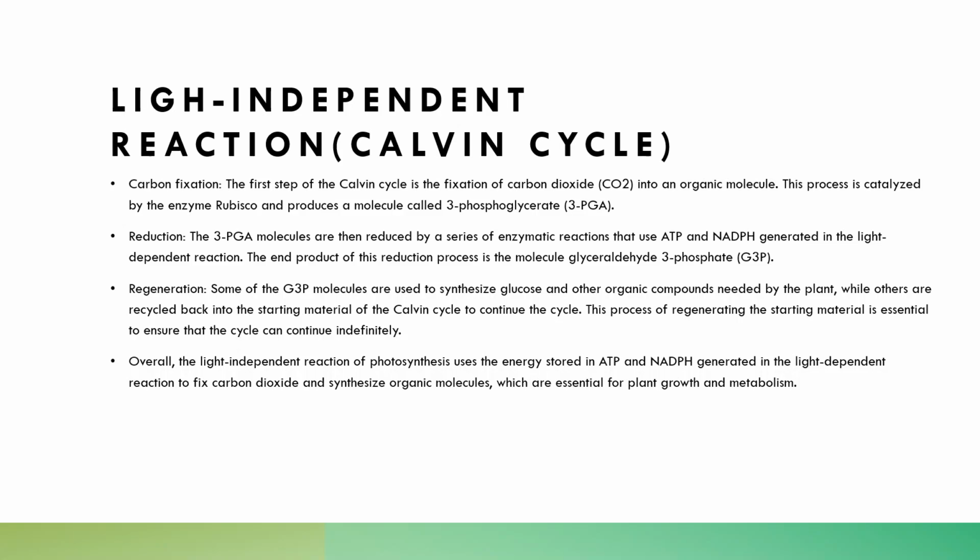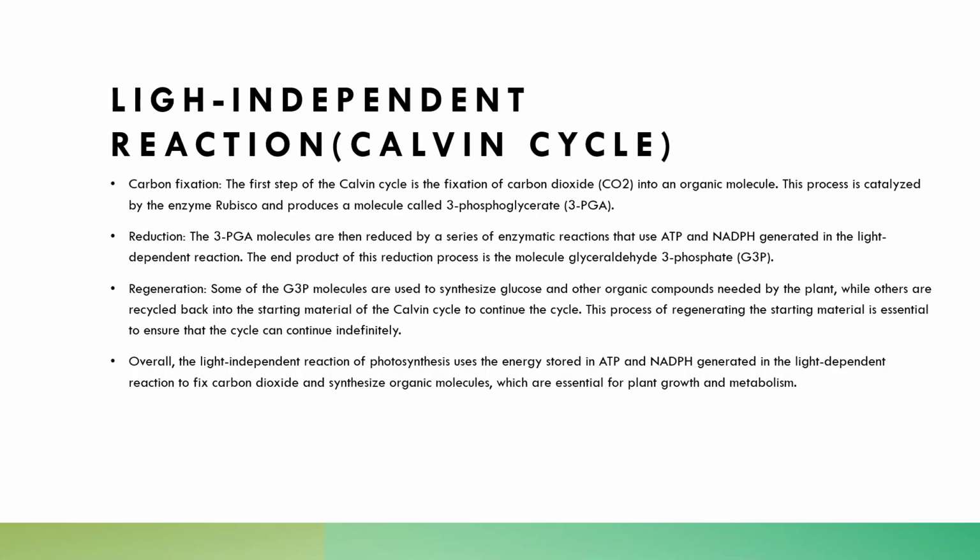The 3-PGA molecules are then reduced by a series of enzymatic reactions that use the ATP and NADPH that were generated in the light-dependent reaction. The end product of this reduction process is the molecule G3P.